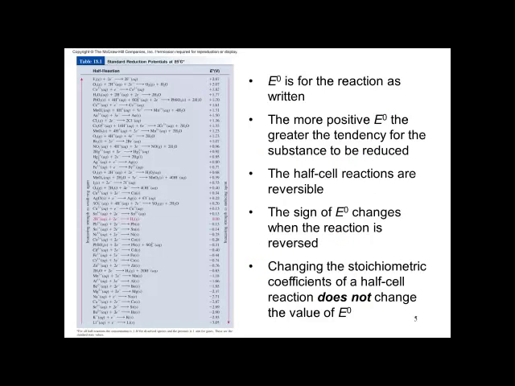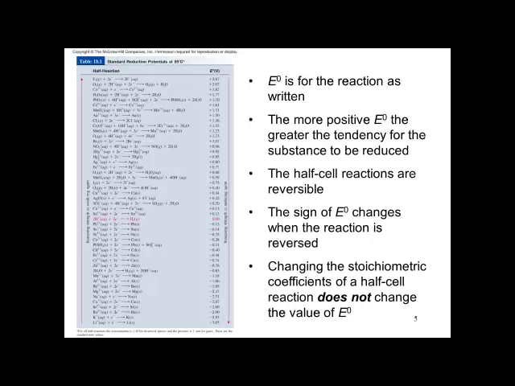This leads to a table of standard reduction potentials that's in your text. They are in order of cell voltage, not alphabetical by any means. E0 is for the reaction as written. They are all reductions. The more positive E0, the greater the tendency for the substance to be reduced.